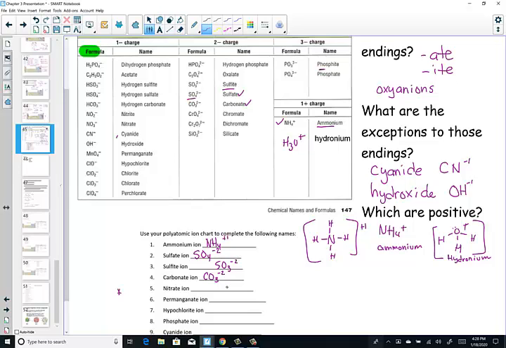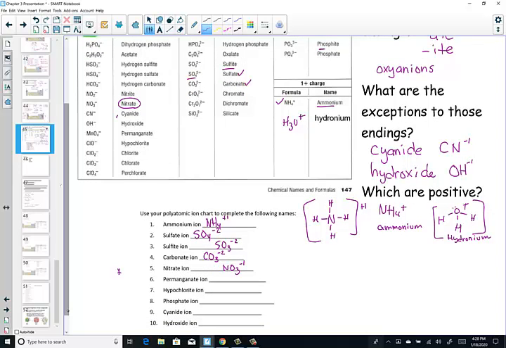Carbonate. When you found nitrate, that's a nitrogen chemically bonded to 3 oxygens with a net -1 charge. Permanganate, we say that, permanganate. That has the element manganese in it, MnO4 with a net -1 charge. Hypochlorite, hypo, that's HClO. Those are chlorines, ClO -1.